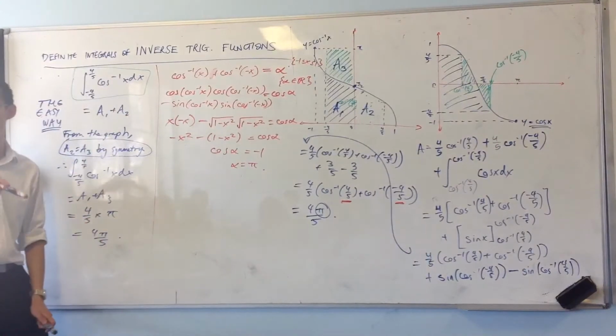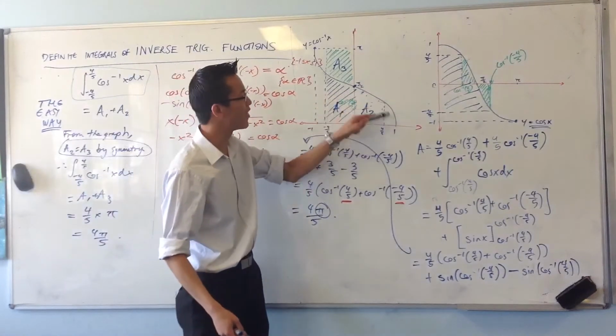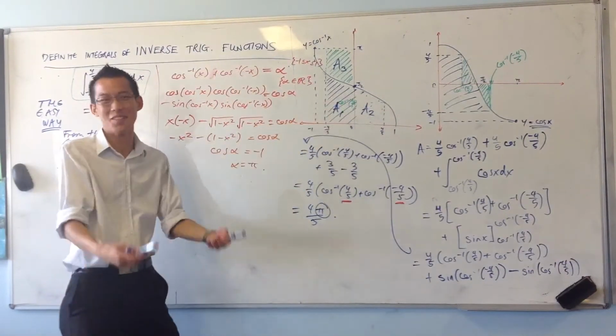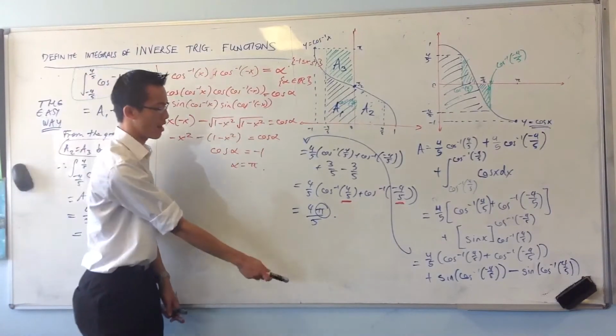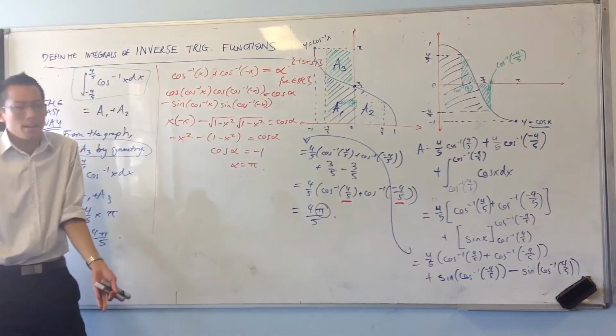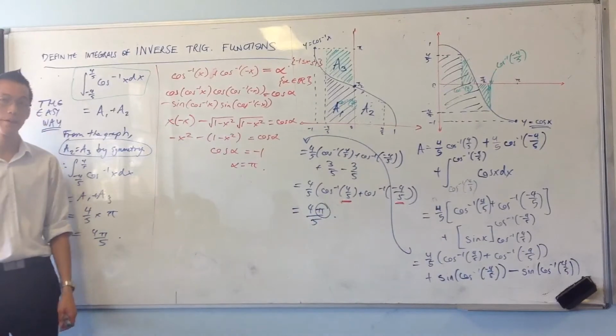Maybe because their graph is off. I remember the first time I looked at a question like this, my cos inverse curve was so off I literally could not see the symmetry because it wasn't symmetrical on my diagram. So if you don't spot it, you'll get here eventually, and you're still going to get the same 2 marks. But you'll think that was a lot of work because you didn't realize there was a quicker way.